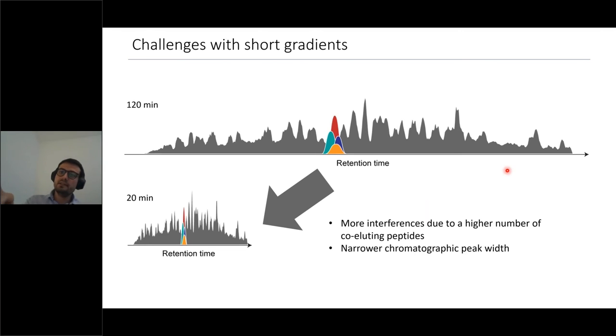Today I will mostly talk about how we can address this on the mass spectrometry side, and Vadim in the next talk will talk about how this can be addressed by advances on the bioinformatics part. So hopefully together this will give you a very good overview of how you can tackle these challenges with modern DIA methods and data analysis.